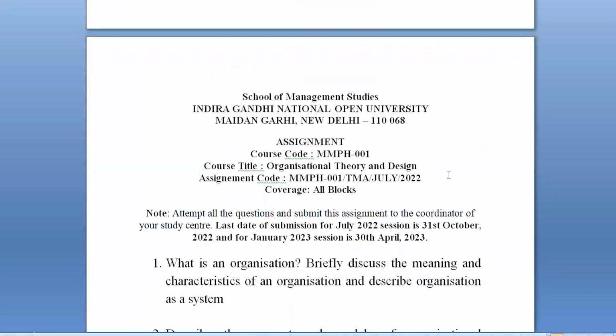Here I just want to tell you that the minimum score in the assignment as well as in the term examination should be 40 to pass in that particular subject.